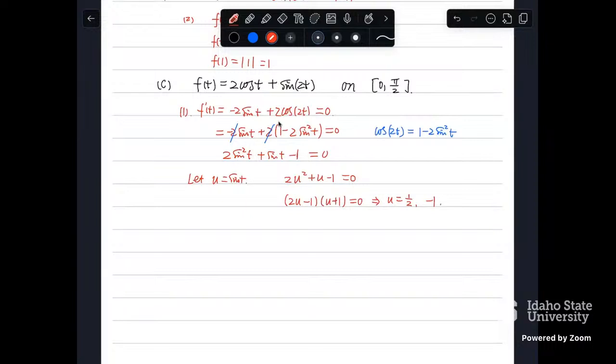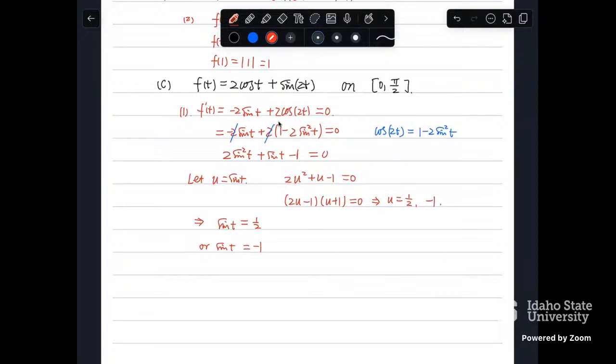So we know u is equal to sine t, and this implies sine of t equals 1/2, or sine of t equals -1. However, we are looking for the t value in this particular interval.